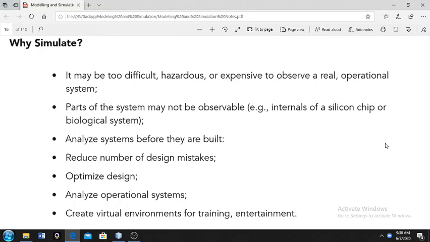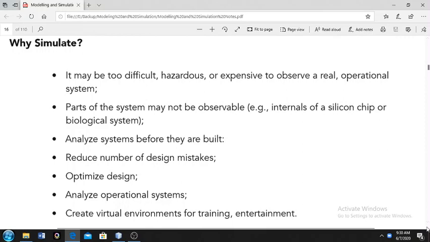Sometimes some elements may not be observable, like biological systems, like the digestive system in our body, or the nervous system. So simulating might be useful: analyzing systems before they are built to try to understand them before we decide on building. Reduce mistakes, optimize the system design, and analyze operational systems.